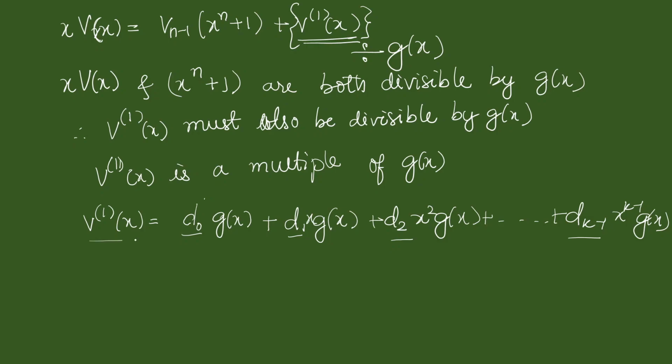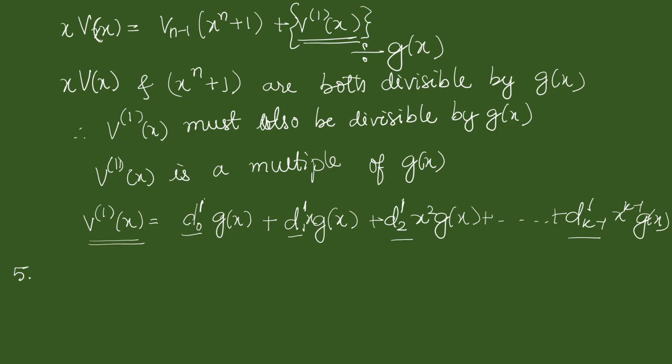So this is the cyclic shifted version of the previous code word, which happens to be the actual code word for another set of message bits, d naught dash, d1 dash, d2 dash, and so on up to d k minus 1 dash. This is an interpretation which states that the cyclic shifted version of one code word can lead to another code word for a different message sequence. So this is about property number 4.